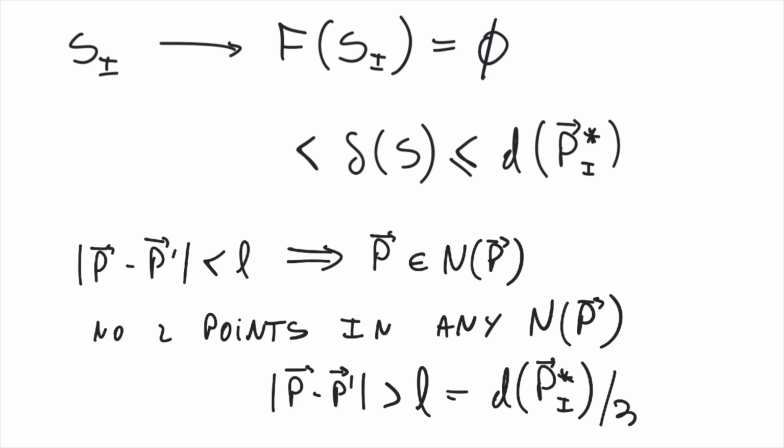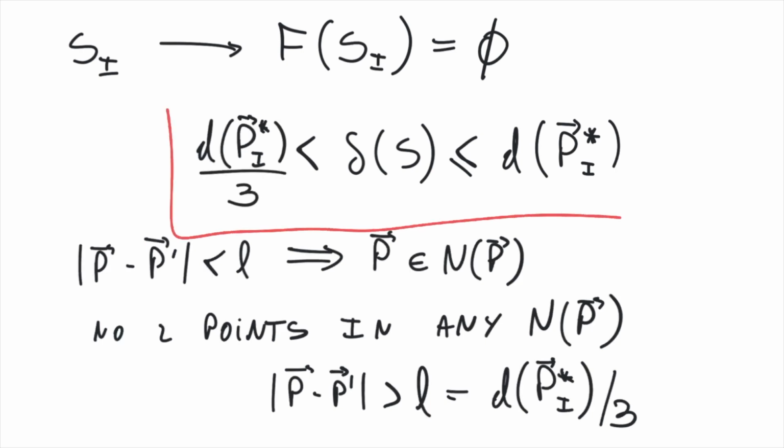And of course, because this is all the distances, then this is also satisfied by the minimal distance in particular. Thus, we have that this is bounded by d of Pi star over 3.